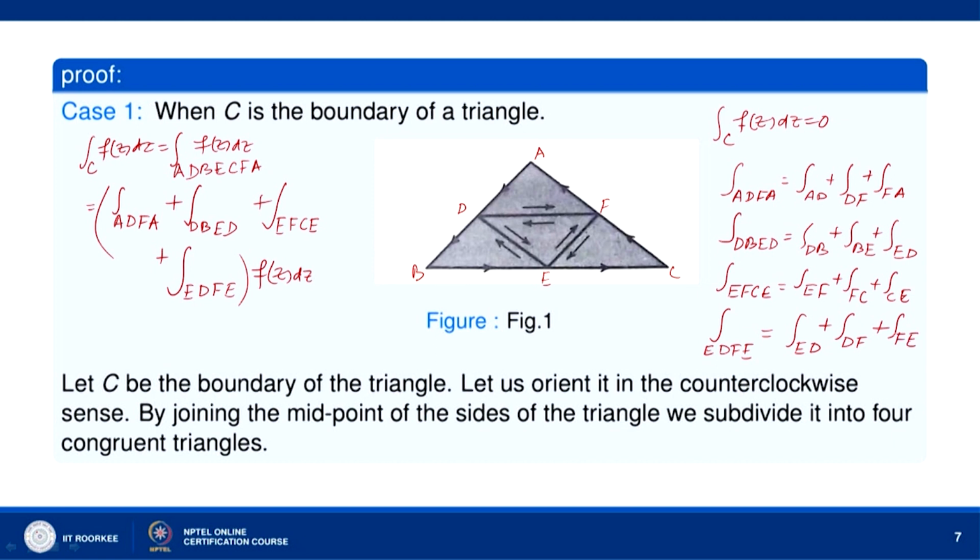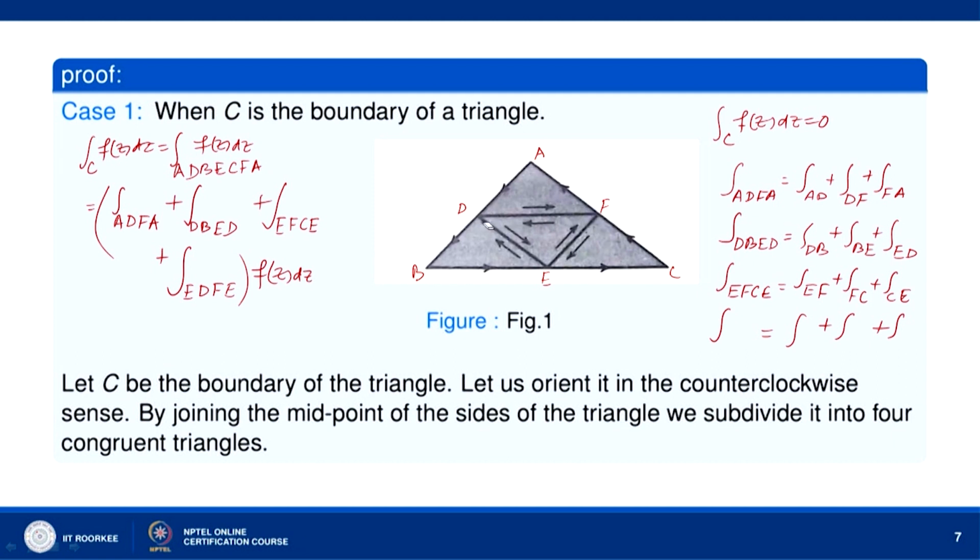Now, let us add all these integrals. So, what will we get? Let us see what I am doing: A B, I am moving along this direction, then this direction, and then this way.